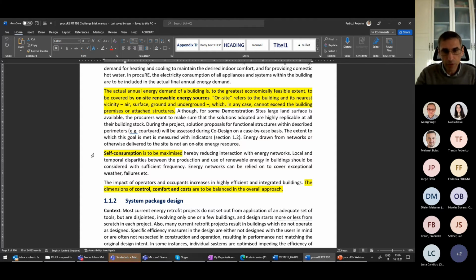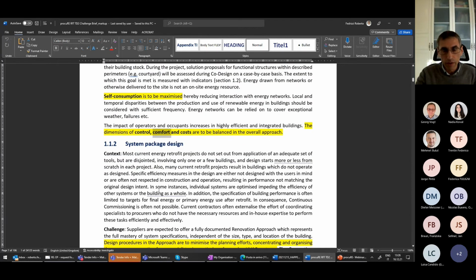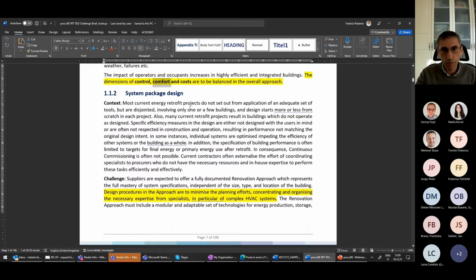And finally, again, we don't want to only look into the energy problem, but we also want to get feedback in terms of comfort and costs. This is on the approach overall, and the approach should be divided into how suppliers want to tackle design, first of all.